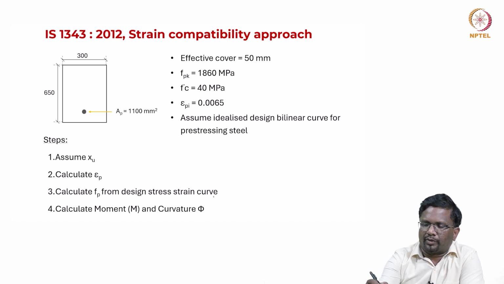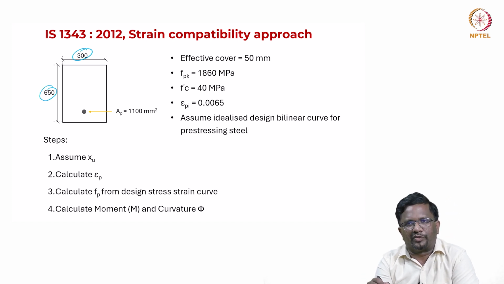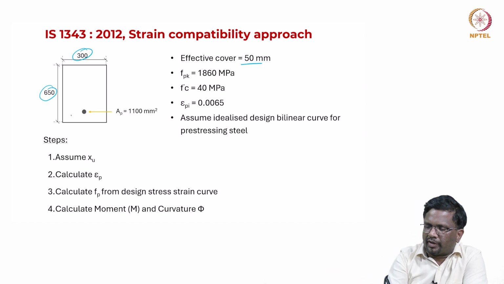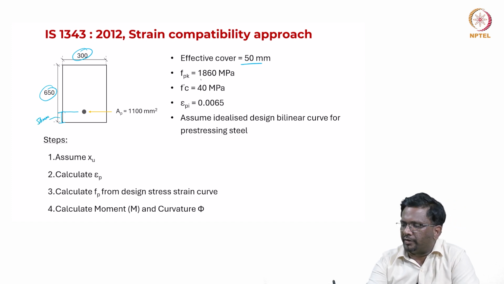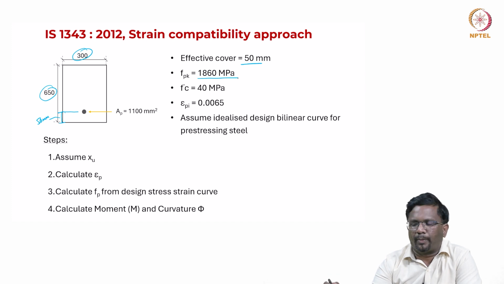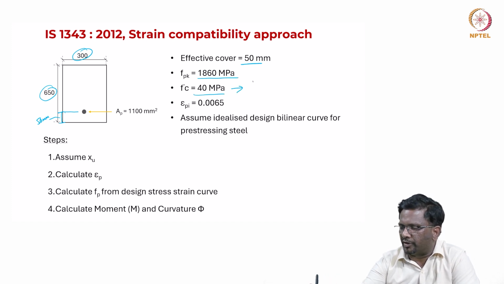We are looking at a simple cross section with a width of 300 mm and an overall depth of 650 mm, with an effective cover of 50 mm. The effective cover is from the CG of the steel to the bottom. The characteristic strength is 1860 megapascal, and the cylinder compressive strength is 40 megapascals, which we have seen corresponds to an FCK value of 41.75 megapascal.